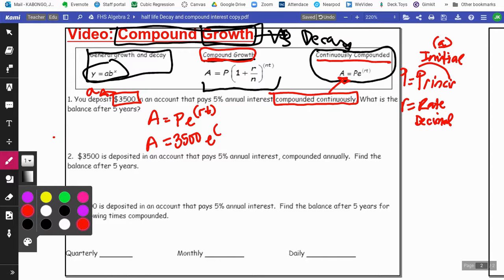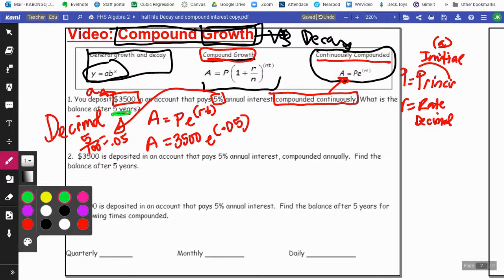On top, this 5%, you must change into a decimal. So all you have to do is 5 divided by 100, which equals 0.05. And your time is the 5 years.